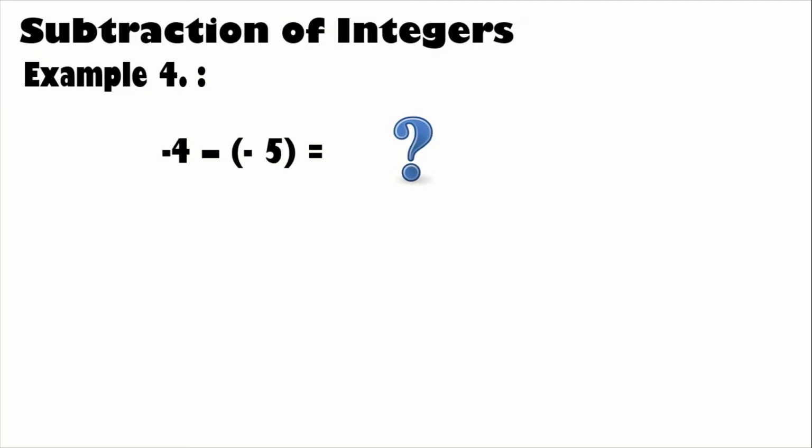So we will apply the first rule here in multiplication. So they are both negative. When we multiply negative times negative, it becomes positive. Very good. So in this case, negative 4 plus 5 will be our new equation to simplify the first equation.